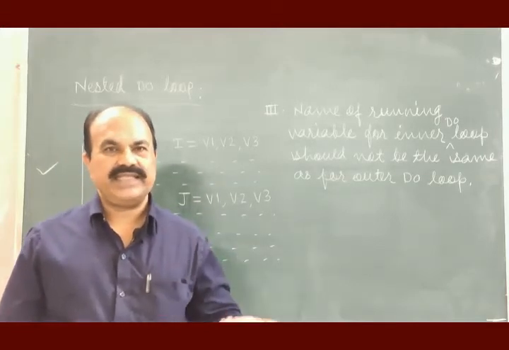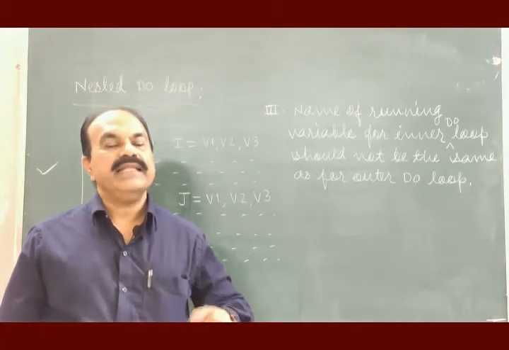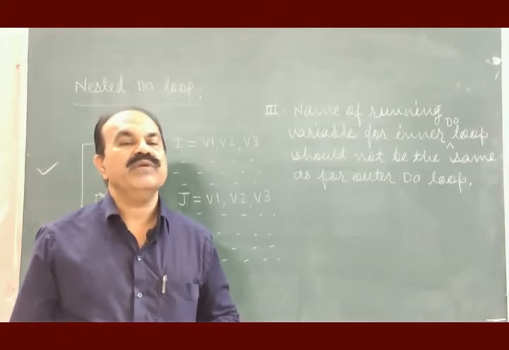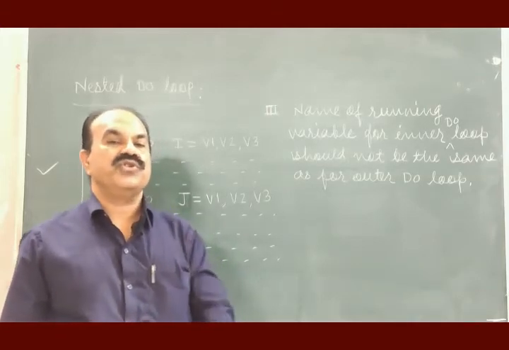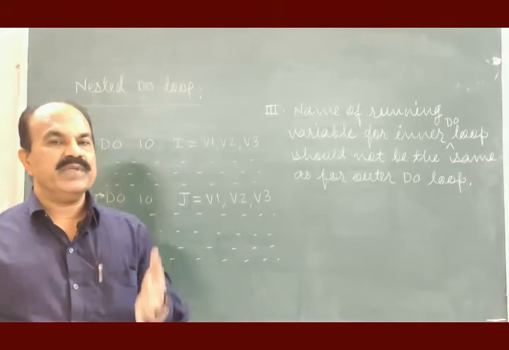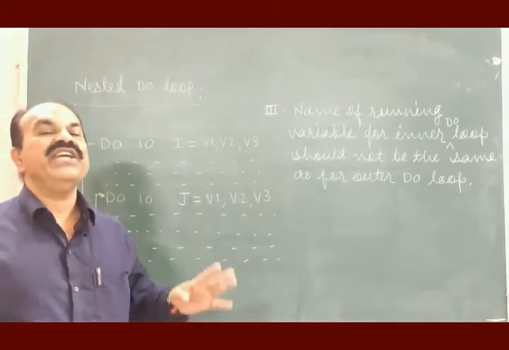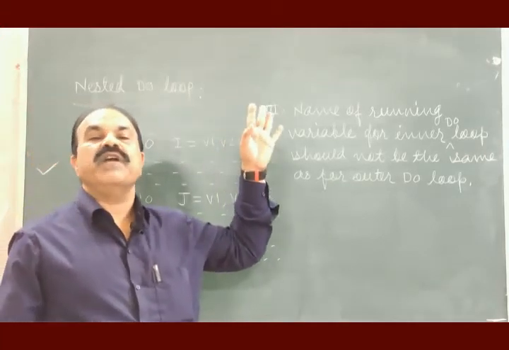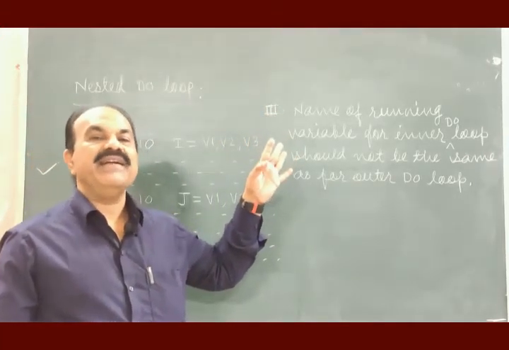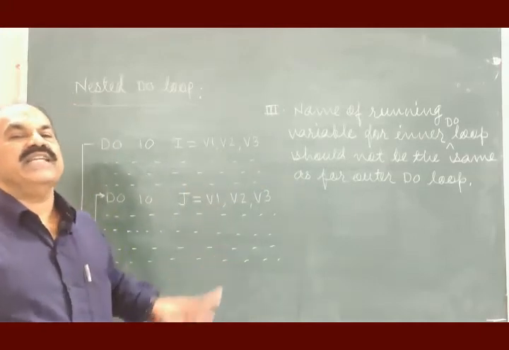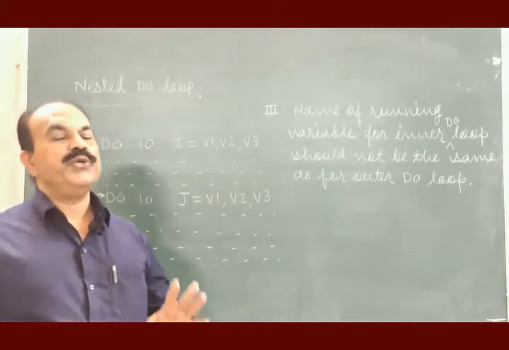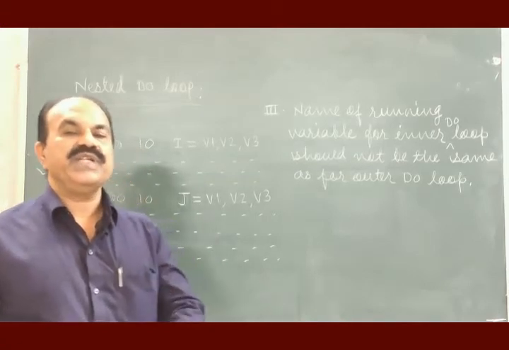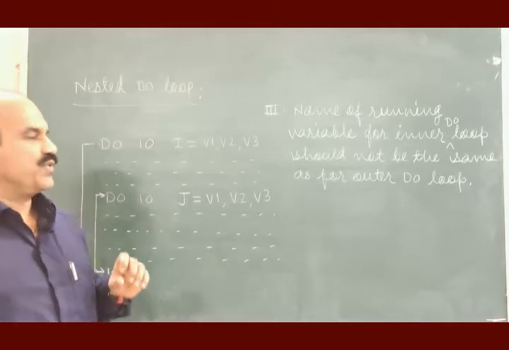I have shown it with an example. Then there are three rules, rule number 1, rule number 2, rule number 3, which should be observed while constructing nested do loops. I wrote all three rules one by one and explained them with proper examples. So these things should be remembered while constructing and using nested do loops.